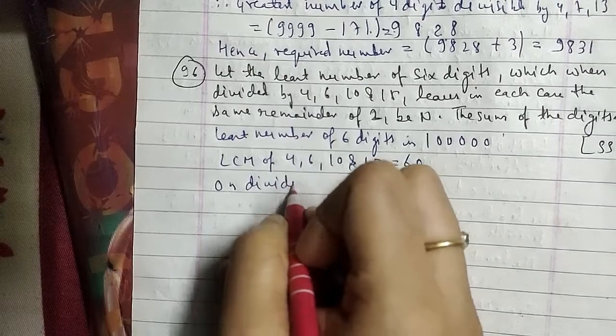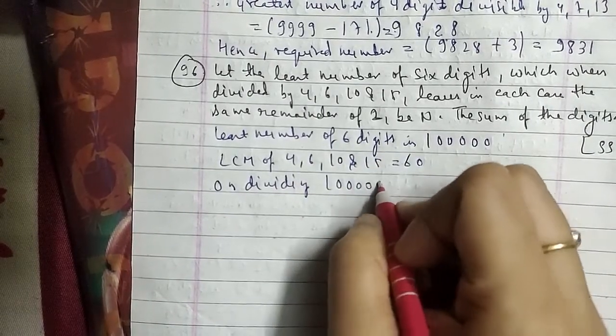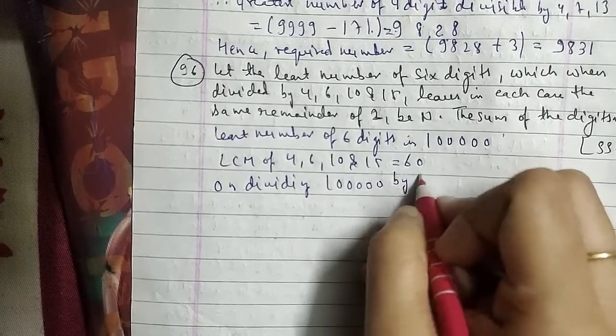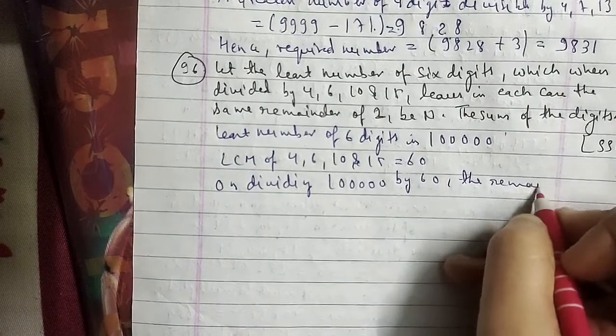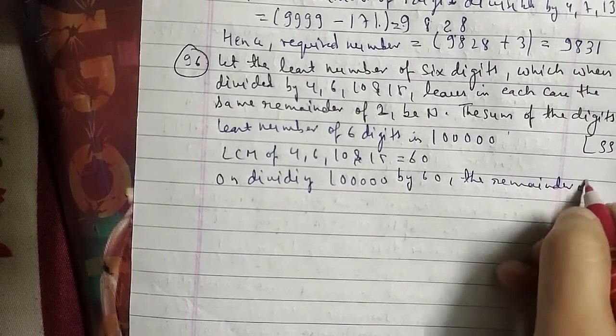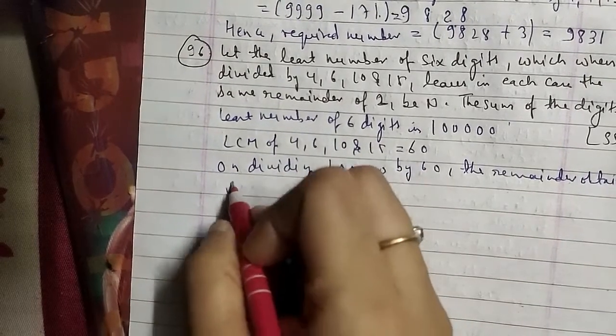On dividing 1,00,000 by 60, the remainder obtained is 40.